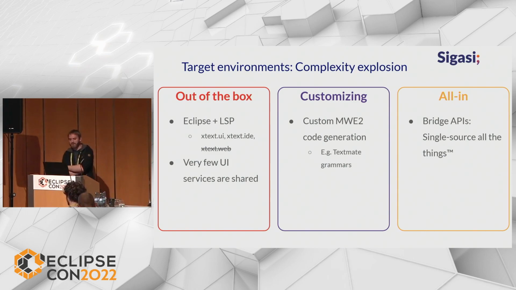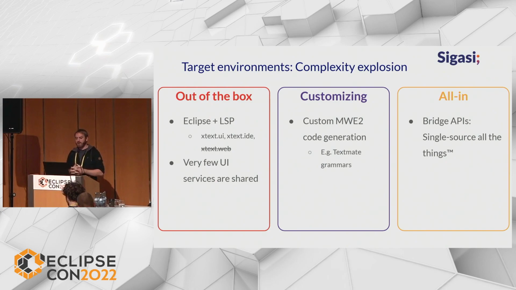As I mentioned at the beginning, we have a product that we call Sigasi Studio, and it's available on Eclipse and through LSP on VS Code. Unfortunately, when LSP was added to Xtext, I don't think it happened with a lot of thought, and a lot of APIs were duplicated.